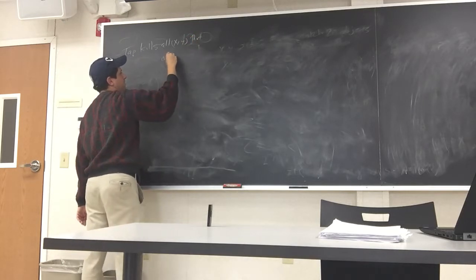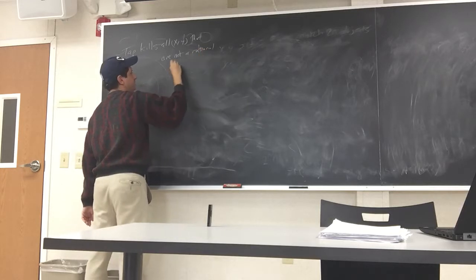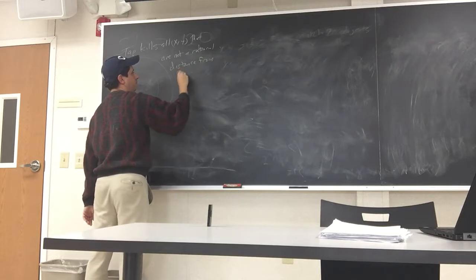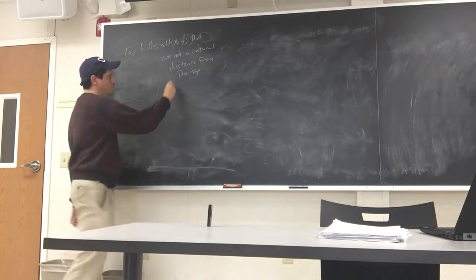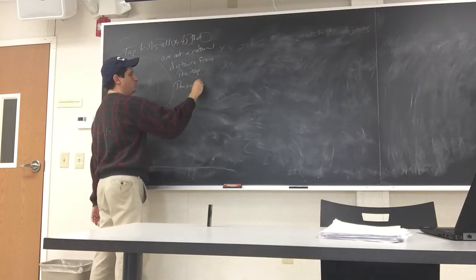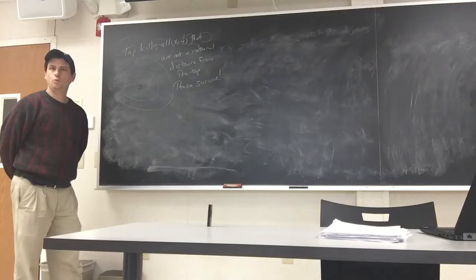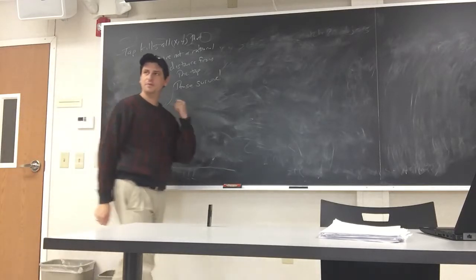So a tap kills all x, y that are not a rational distance from the tap. Those survive. So in one tap, without loss of generality, where's your first tap? 0, 0.